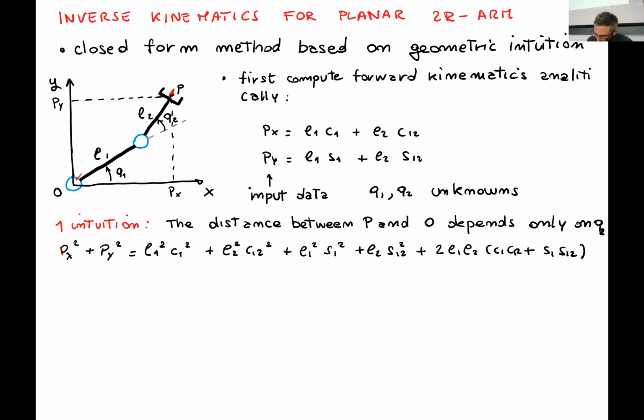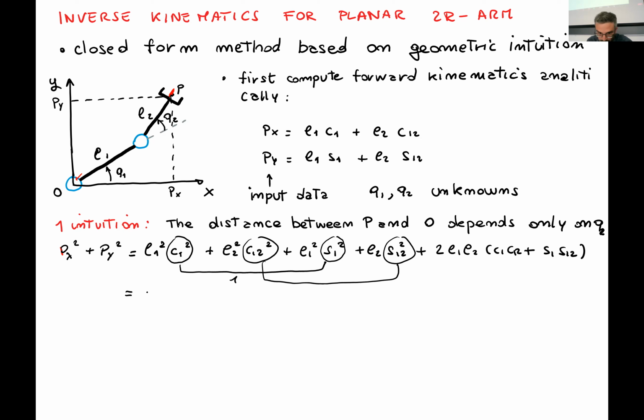Now we can have a better look at this relationship, and we can find that there is something that can be simplified. In particular, if we collect these two terms, it will be 1, and also these two terms will be the unity.